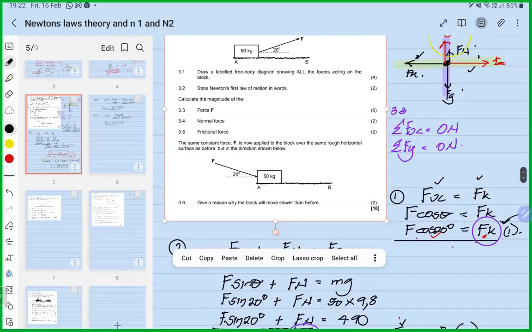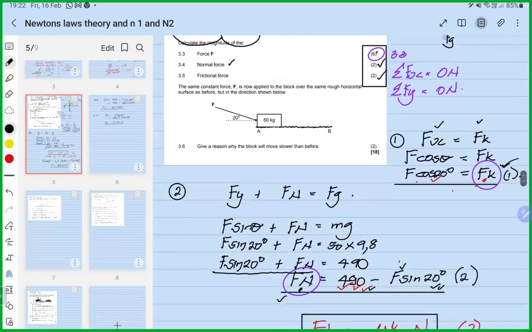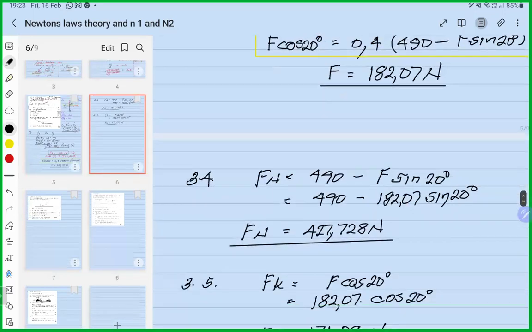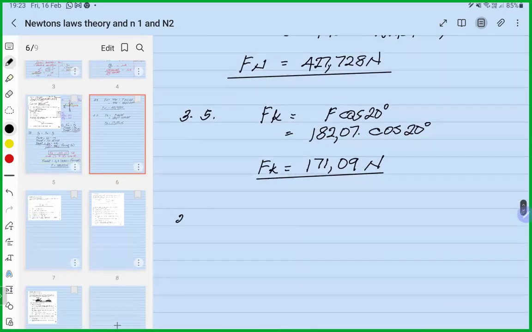Here, the normal force, if you redraw the free body diagram, I'm going to redraw it for you. You have a downward applied force now, which means this is what happened with the downward applied force.